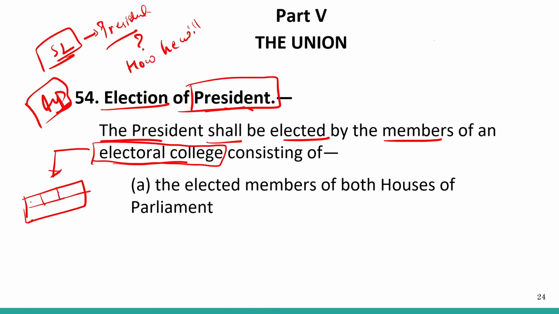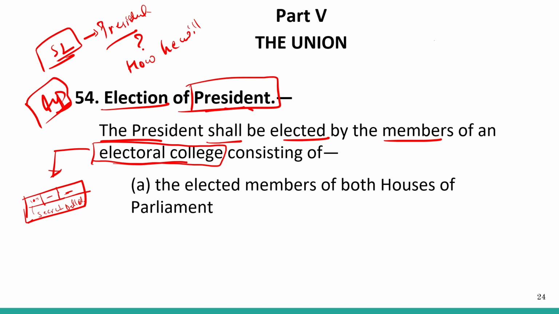Different areas means some will be from the parliament, some from other legislative bodies, but there will be people who will come and give their vote through secret ballot, meaning their vote will not be revealed in front of the public. They will just write down the name, the nominations will be there, and they will put it in the secret ballot. Then the counting will take place and the president will be elected.